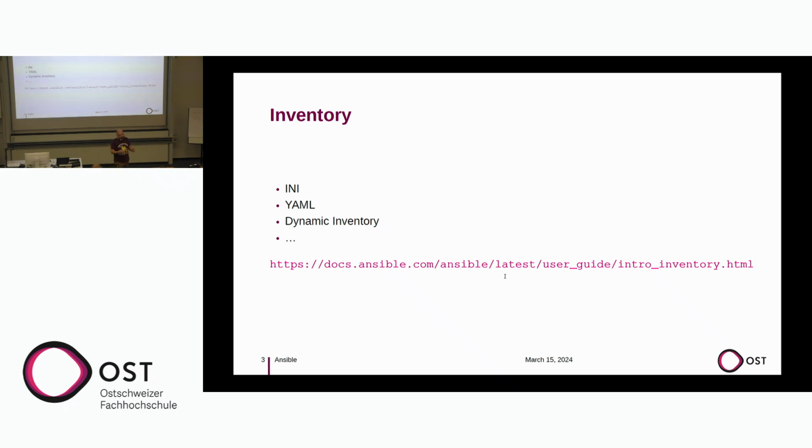Inventory plugins can be AWS, Netbox, CloudScale, an infrastructure as a service provider in Switzerland, whose founder was also a student here at the same time I was. They also have a plugin for the inventory, for example. You can write your own, and you can use them. So it does not have to be in the YAML or in the ini file.